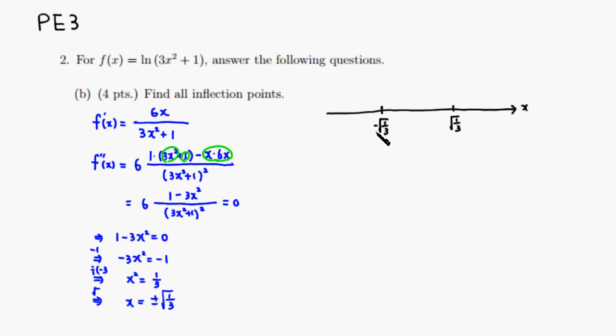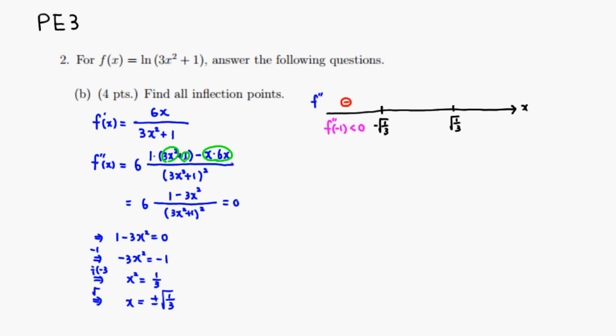Less than negative square root of 1/3, like negative 1, we try f double prime of negative 1. The denominator is positive, 6 is positive, so we have to worry about the numerator: 1 minus 3 times 1 is negative 2, so it's negative. So it's concave down there.